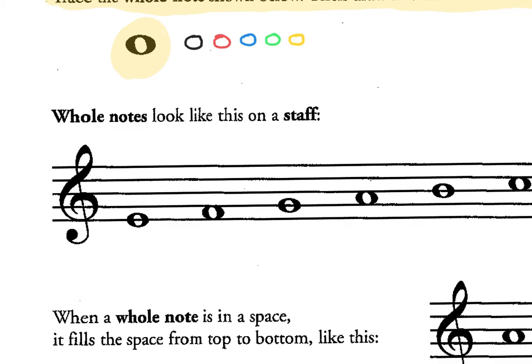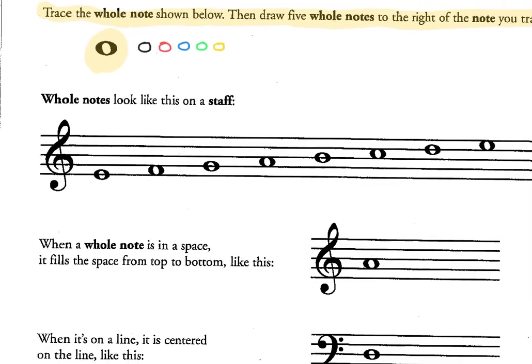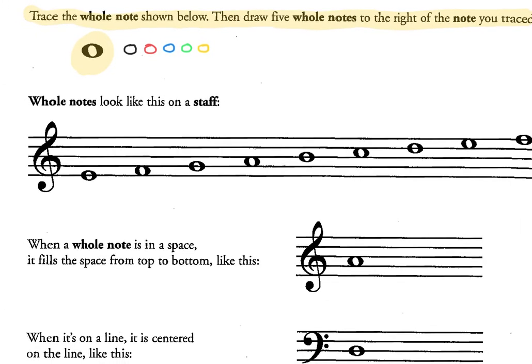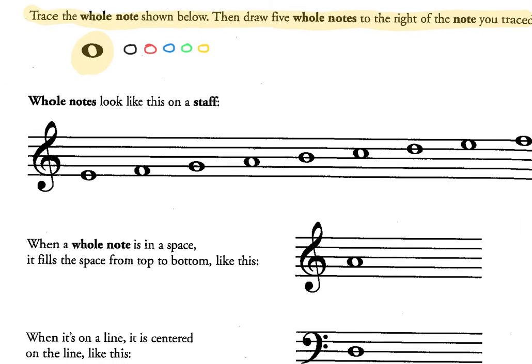That's true. Now, if you drew them on the staff, this is really cool. I like this. They drew a whole note on every line and space of the staff. And look, it alternates. So it goes line, space, line, space, line, space, line, space. Notice that none of these, oops, well, that was weird. Did you see that? That was cool.